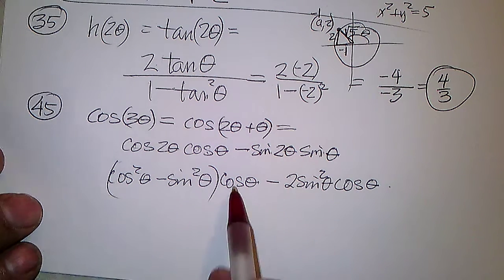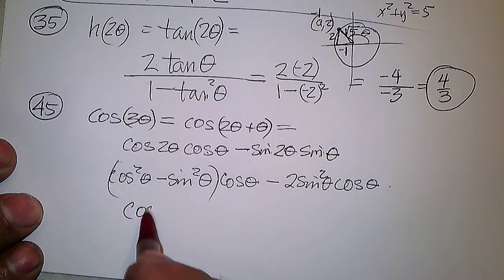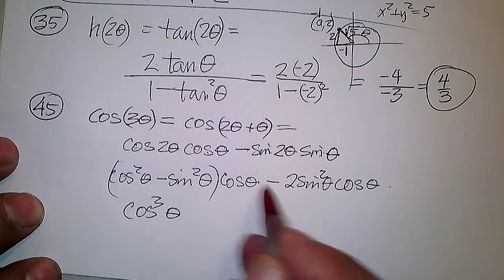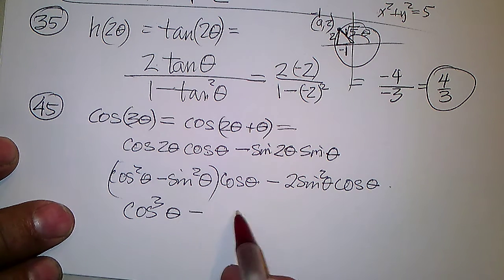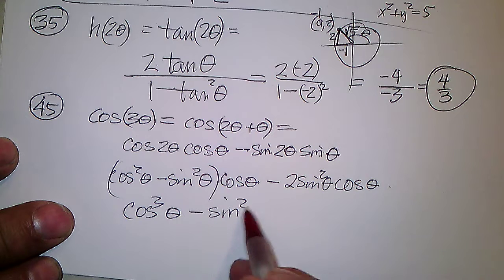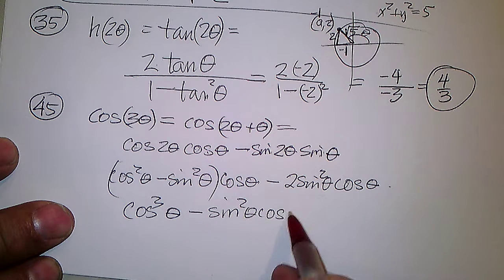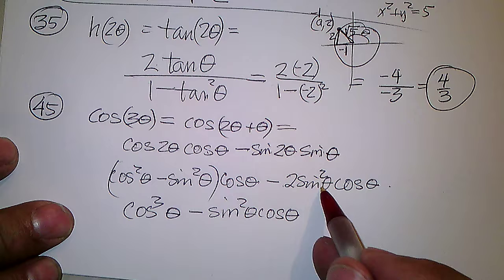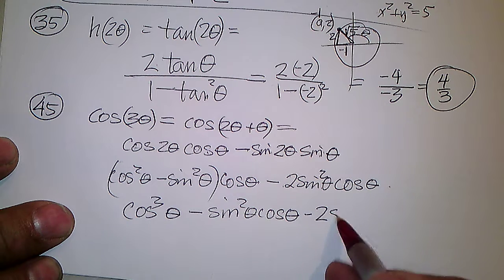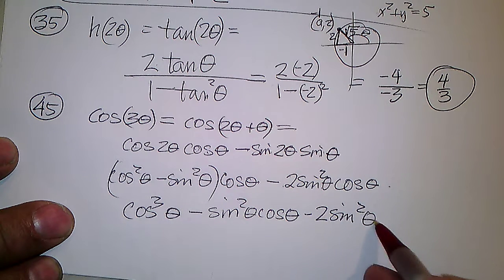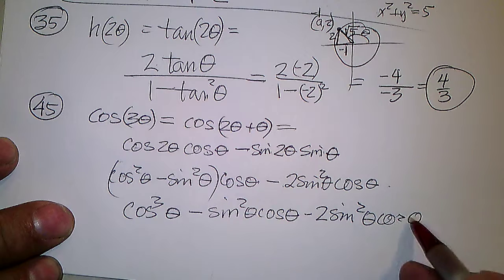So I've got cosine to the third theta minus sine squared theta cosine theta minus 2 sine squared theta cosine theta.